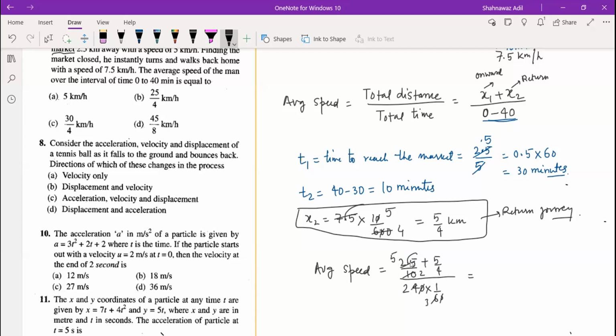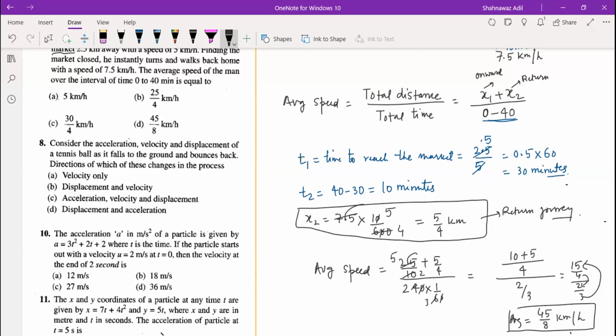So how much is this? 5 by 2 plus 5 by 4. So 4 is the LCM, 5 twos are 10 plus 5, which is 15 by 4, divided by 2 by 3. So this will go upstairs, this will go downstairs. So 45 by 8 kilometer per hour. This is the average speed.